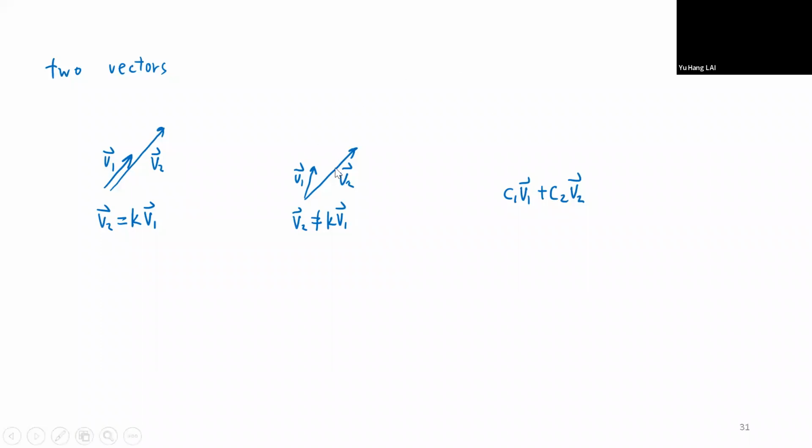If the two vectors are linearly independent, then for any linear combination, c1 v1 plus c2 v2, no matter what c1 and c2 you choose, it won't be zero unless both c1 and c2 are zero.